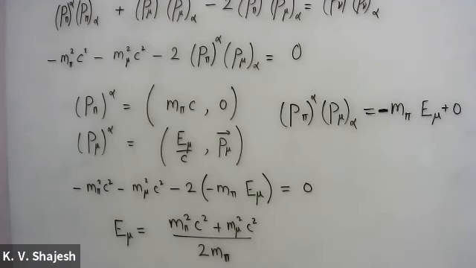In the last 20 minutes, let me do one more example of this kind, which is nice because this is called Compton scattering. You might have heard of the wave nature and particle nature of light. Of course, Einstein gave the photoelectric effect in 1905, but Compton scattering also belongs to the experiments where light behaves like a particle instead of a wave.